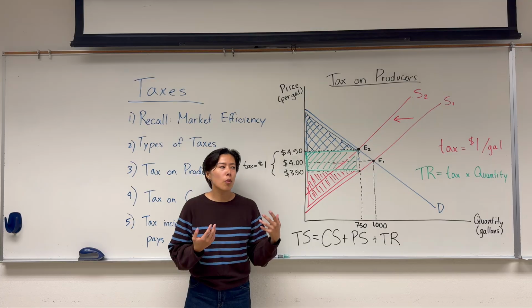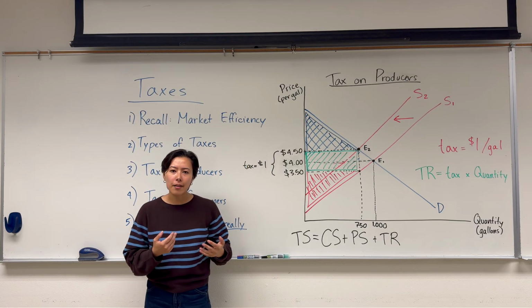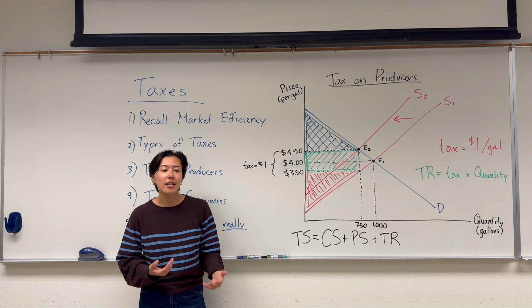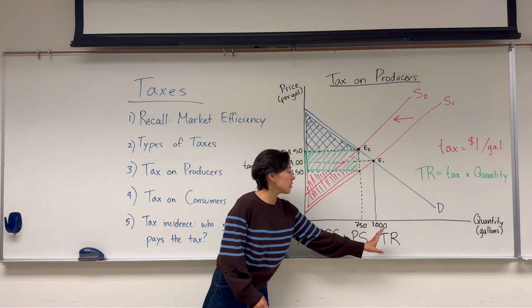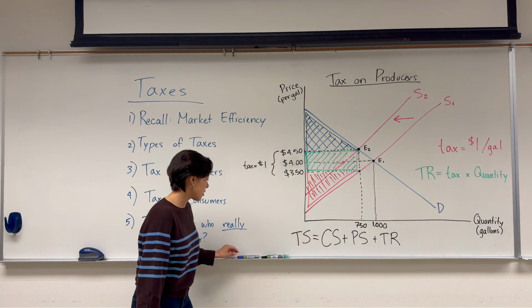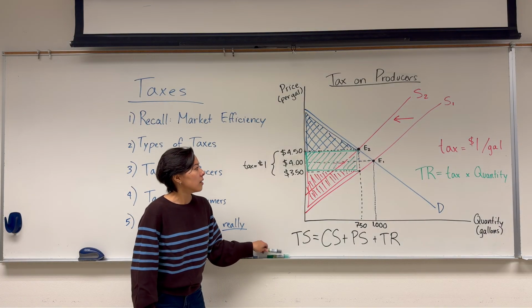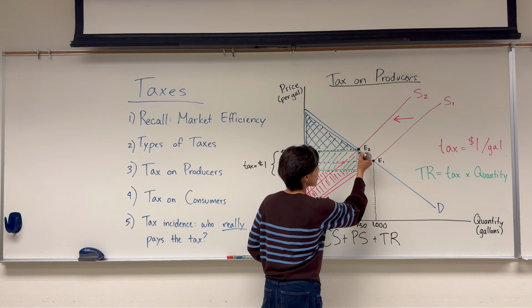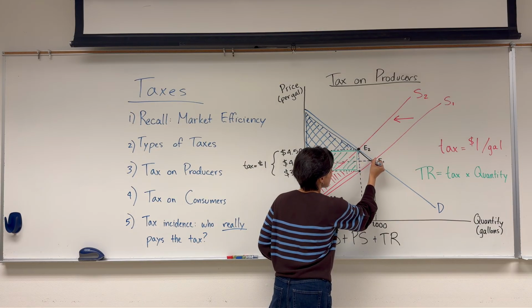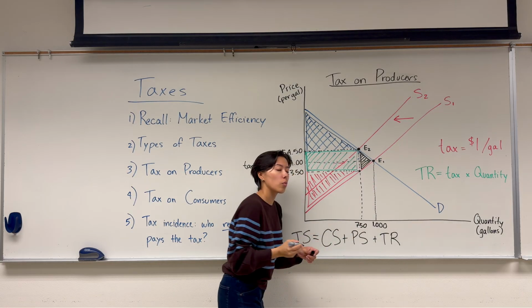Now, I told you that our market would be less efficient after the tax got put into place, right? And that's actually because we have some loss in total surplus after this tax gets put into effect. And so if we look at this little tiny triangle here, this right here represents the loss in welfare.